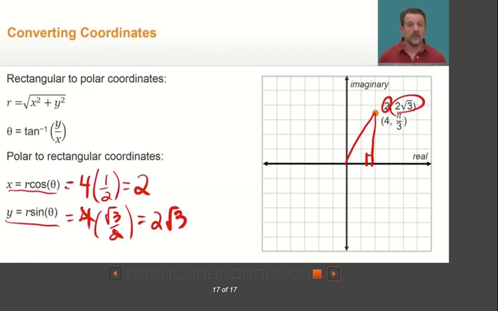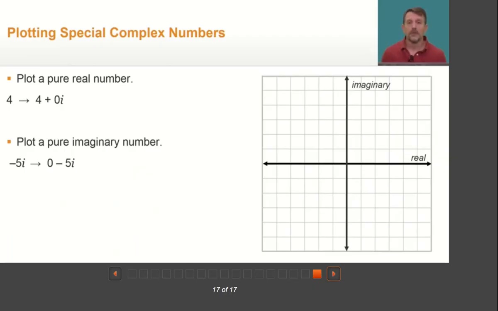Let's look at some points that lie on the axes. For a complex number z equals a plus bi, a is the length along the horizontal or real axis, and b is the length along the vertical or imaginary axis. Let's look at graphing one real number, 4, and one imaginary number, -5i.